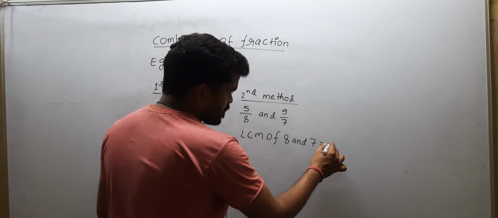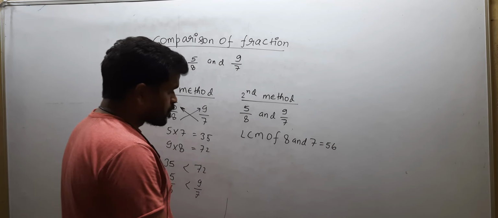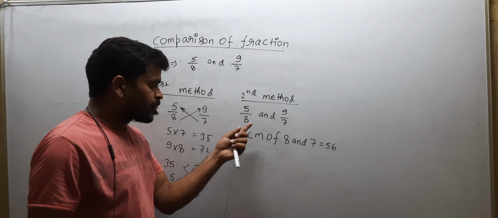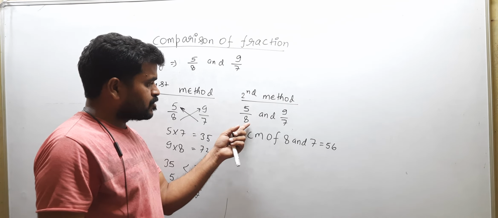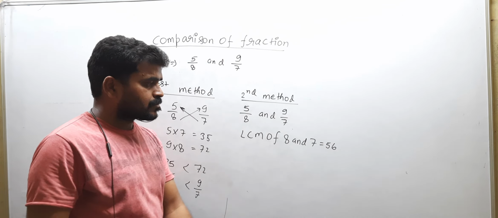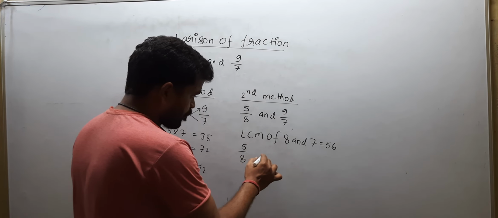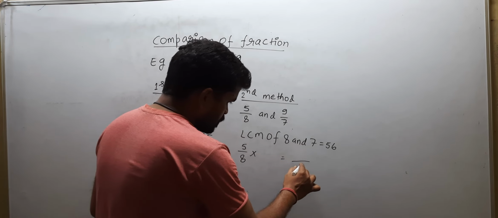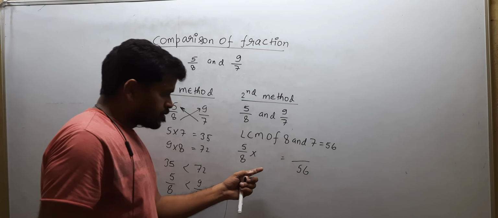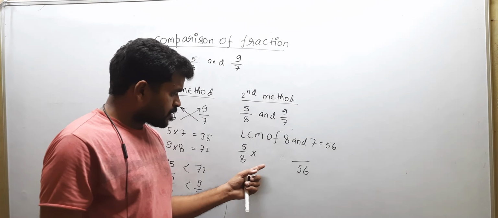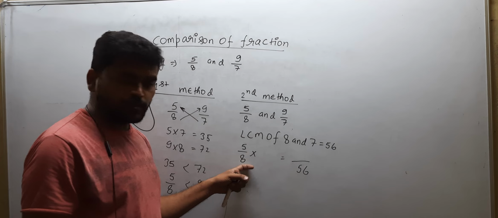LCM of 8 and 7 is 56. So you have to change the value of the denominator to 56.